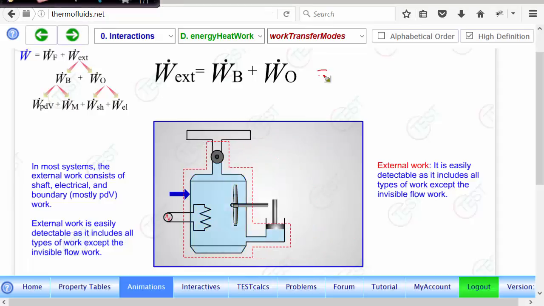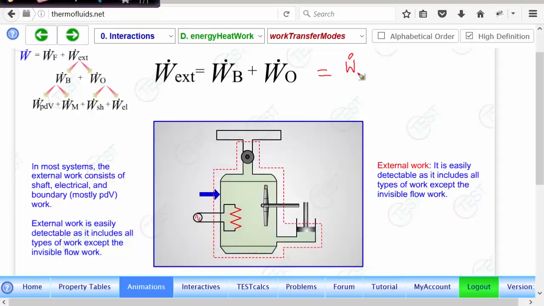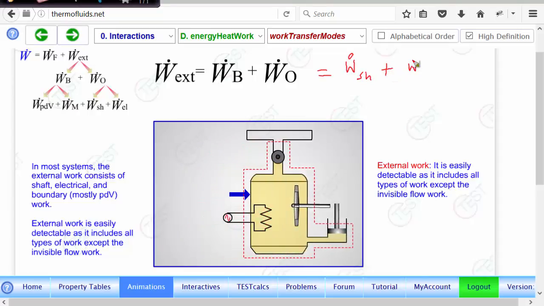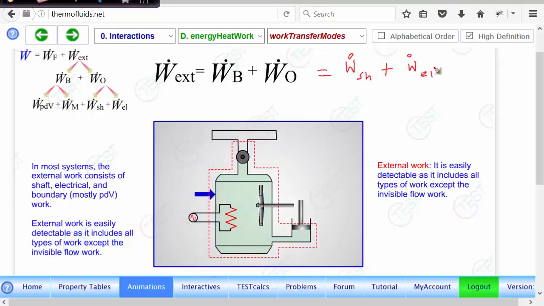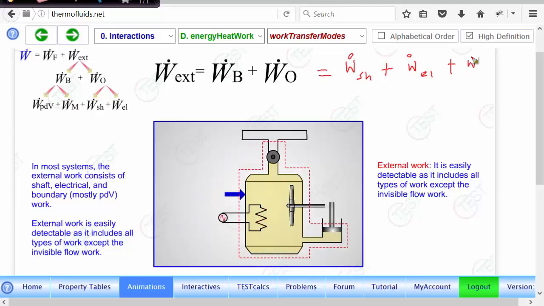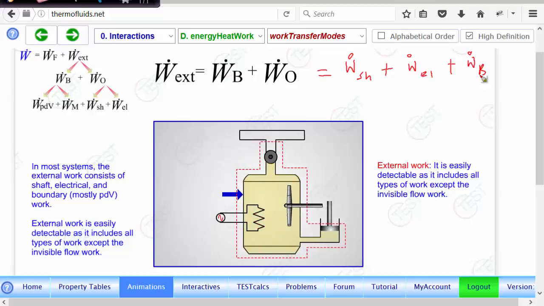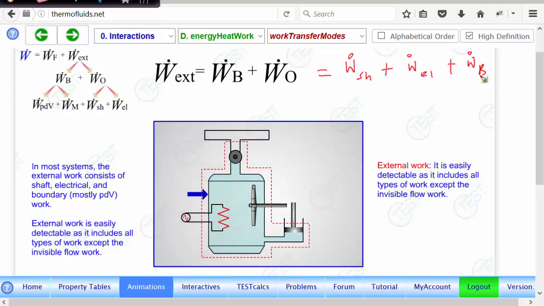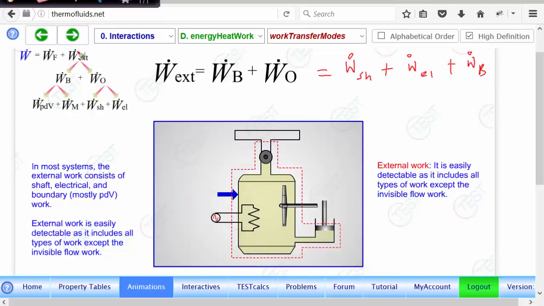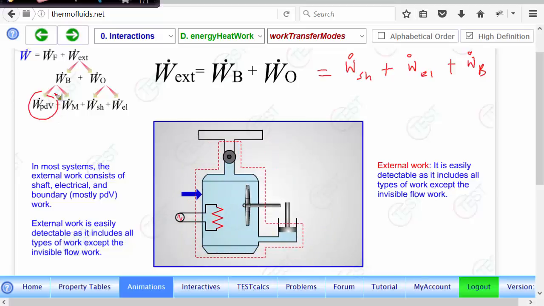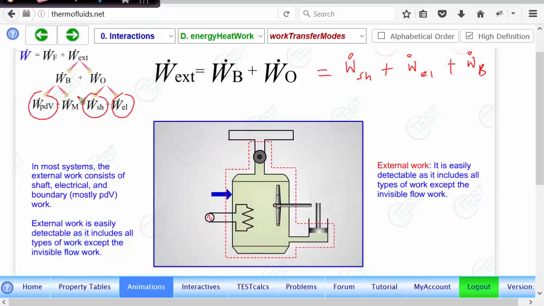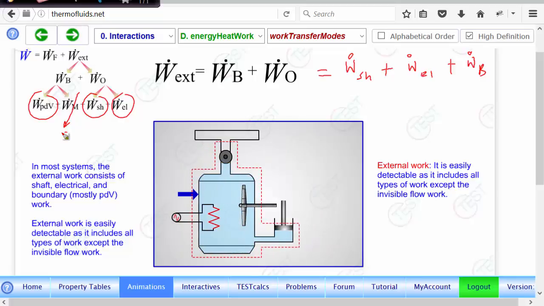External work is generally written as shaft work, electrical work, and boundary work. The boundary work is basically the PDV work. Most of the time, mechanical work is not present. So the external work is the sum of the PDV work, shaft work, and electrical work, because this is kind of zero.